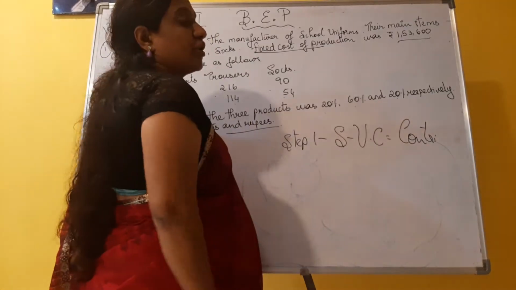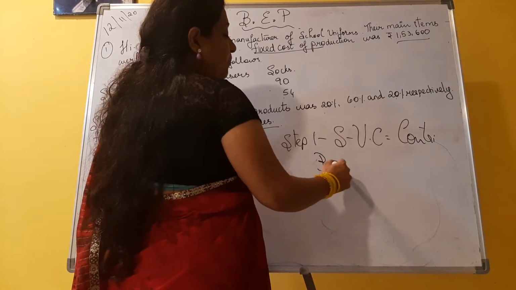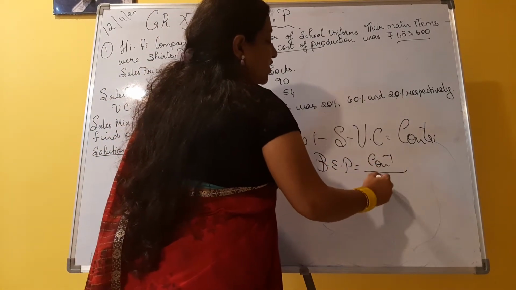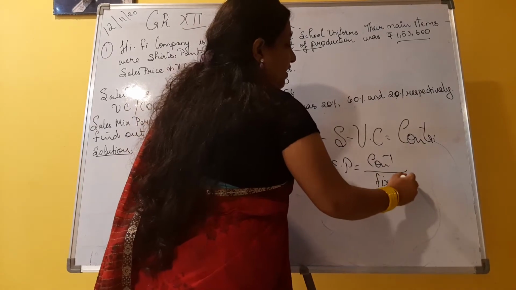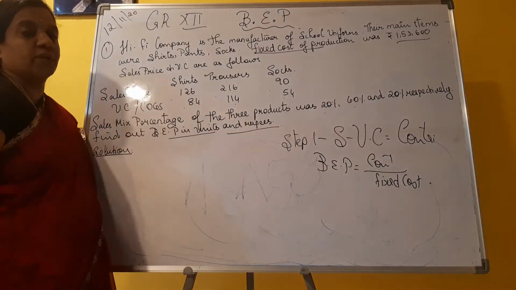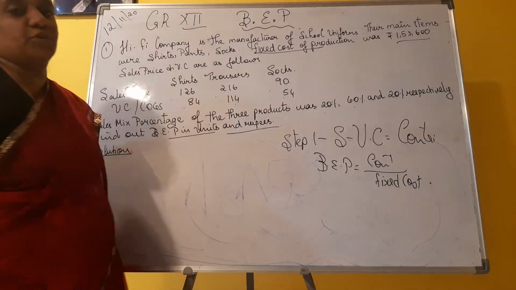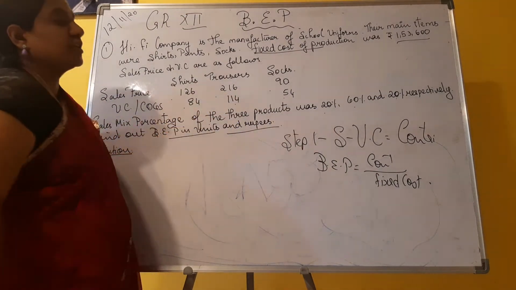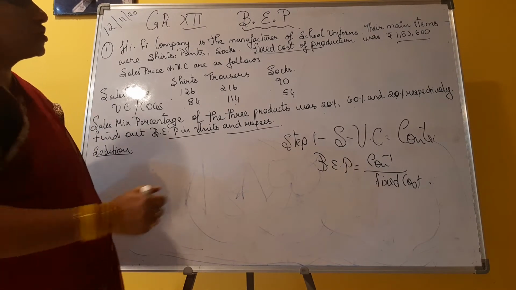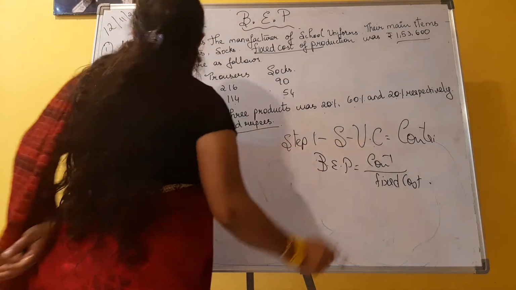After you arrive at contribution, how do you find the BEP? BEP is nothing but fixed cost by contribution. You have already done it in grade 11, but for a single product. Today we will see for all the three products put together with the sales mix percentage that is given there. Understood? So step 1, sales minus variable cost.